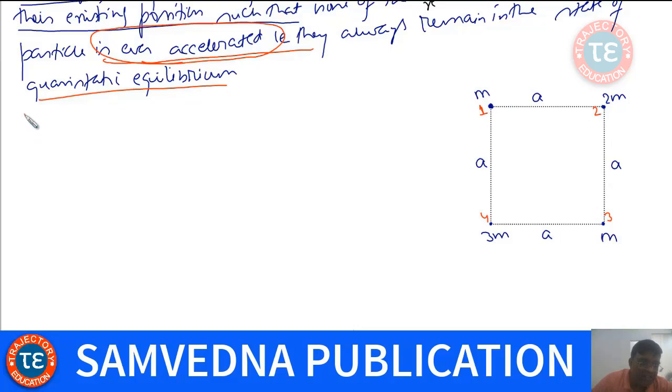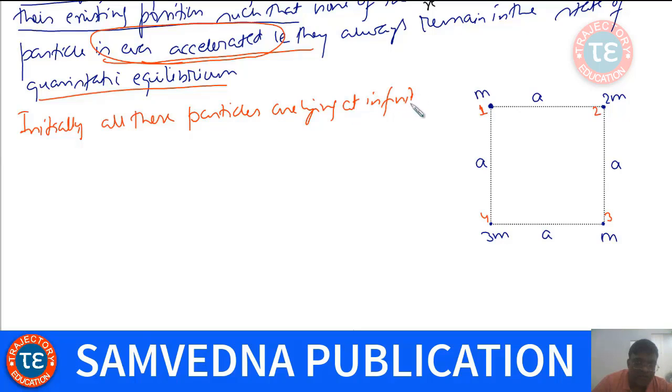Now initially, suppose all these particles are lying at infinity. So initially I am assuming that all these particles are lying at infinite distance.